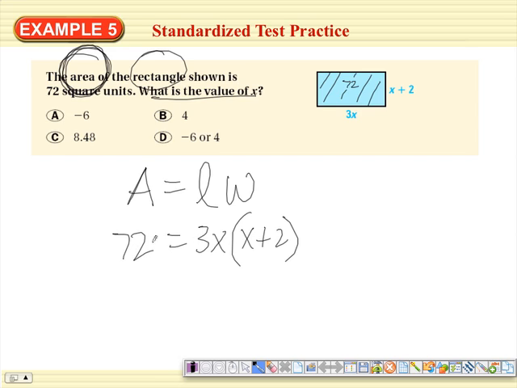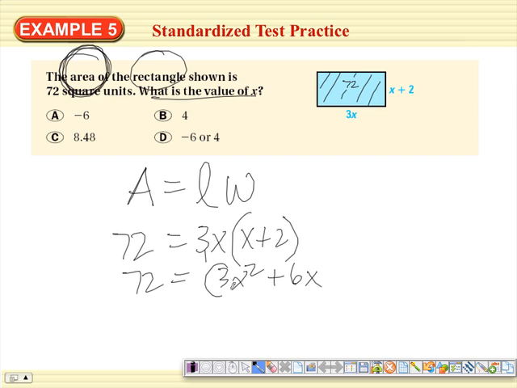If it's equal to 72, you can't say this equals 72, this equals 72. I get that sometimes. Just making sure you don't do that. Alright, so what are you going to do? You're going to multiply here. 3x squared plus 6x equals 72. Now, there's a couple methods you could use, but let's use complete the square because that's what we're doing. What would you do first?